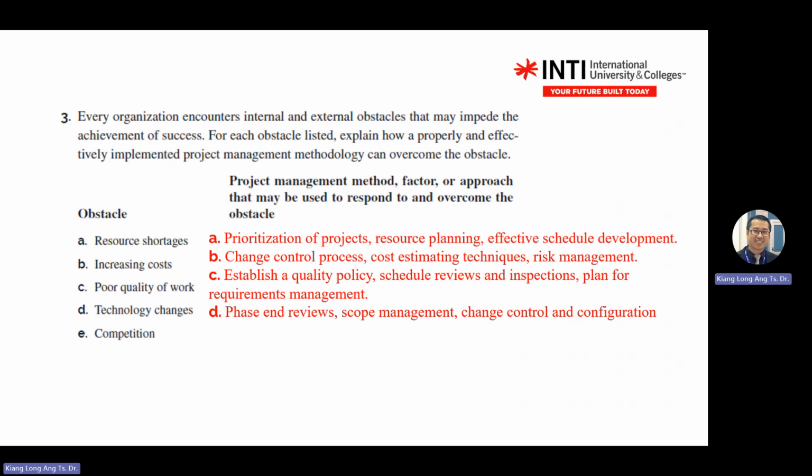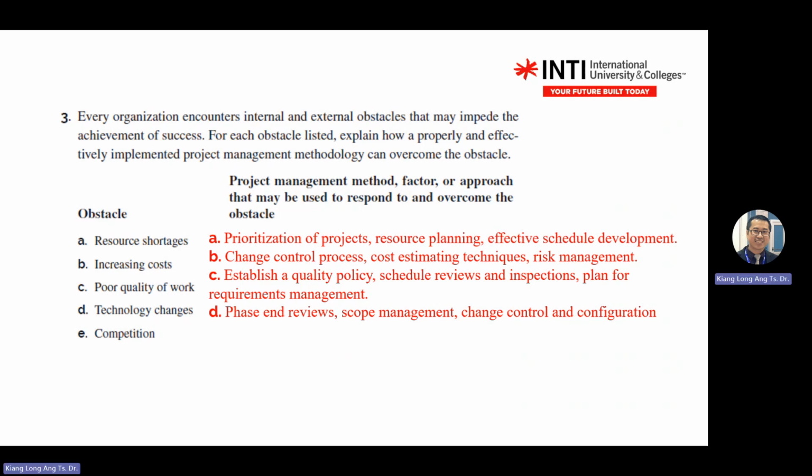Okay, phase and review. It means this one, phase gate model. This is the second time I mentioned this one. Yesterday I mentioned it already. Today I also mentioned it. So if technology changes, in one of the phases, you need to make a decision here. You need to set criteria to make the decision.